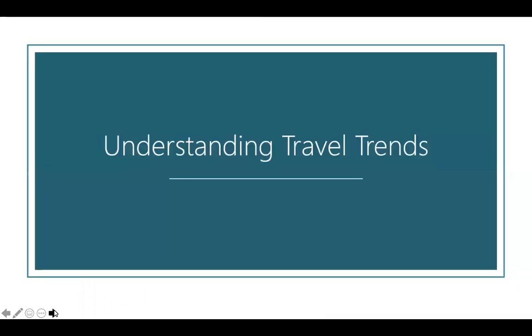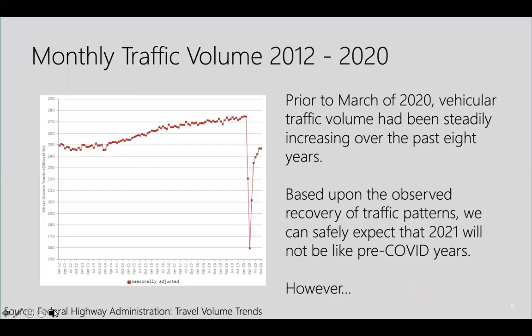So first, let's start by talking about travel trends and understanding the different travel trends in the market. As I was hinting at in the last couple of slides, prior to March of 2020, traffic volume had been steadily increasing over the past 8 years.